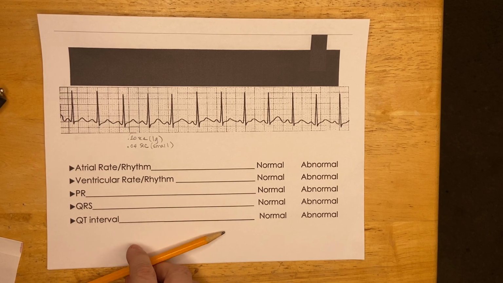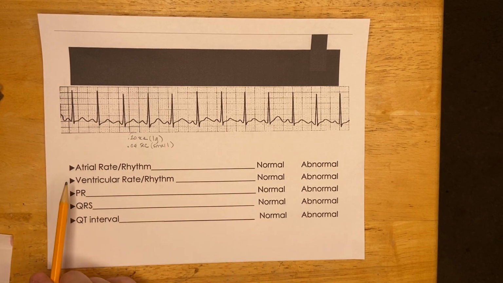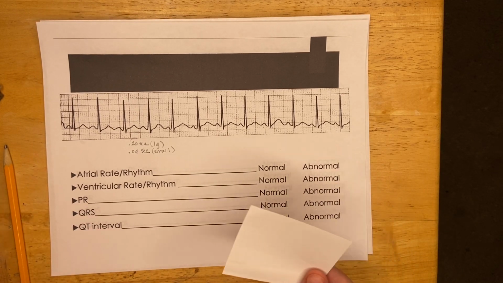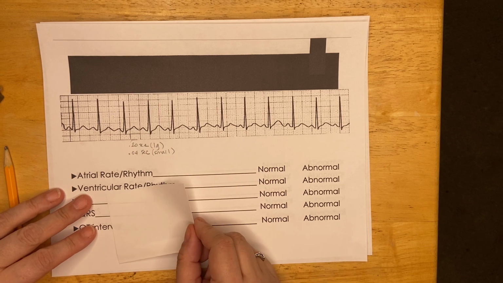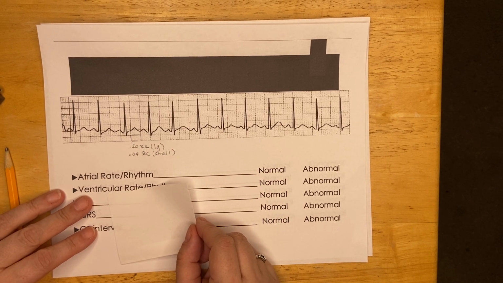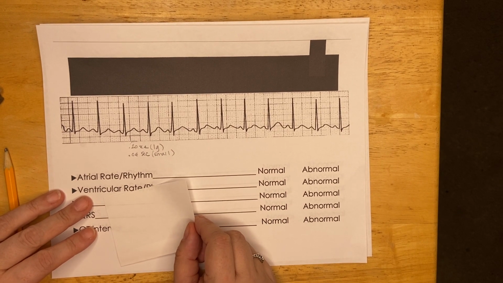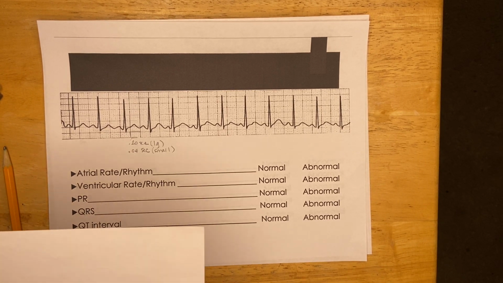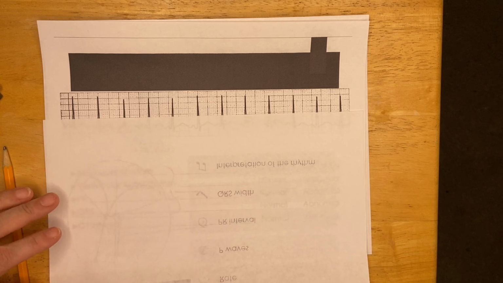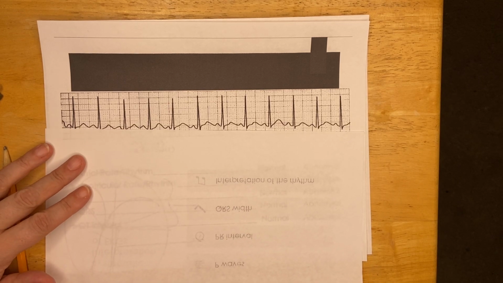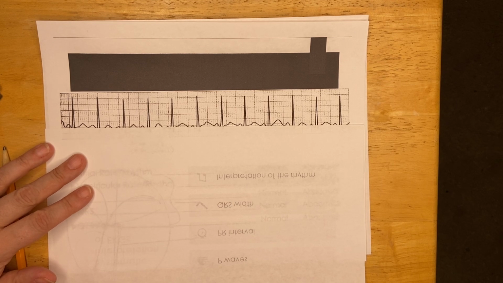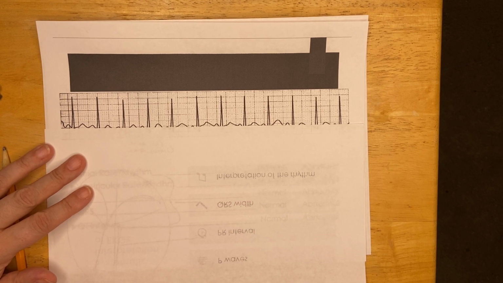When we are measuring tracings on this tracing paper, it's super important to measure along what we call the isoelectric line. Now, sometimes it's real easy to see the isoelectric line, and sometimes it's harder, and we're going to see that toward the end of the semester. But basically, there's a baseline, just like when you were learning how to do handwriting, you had to keep going back to the baseline.